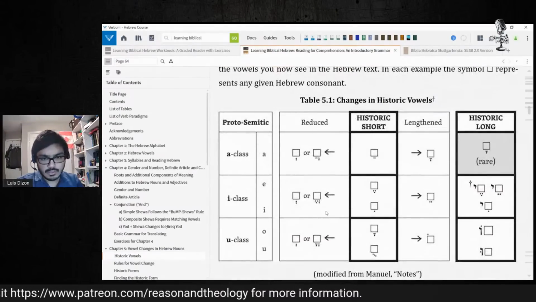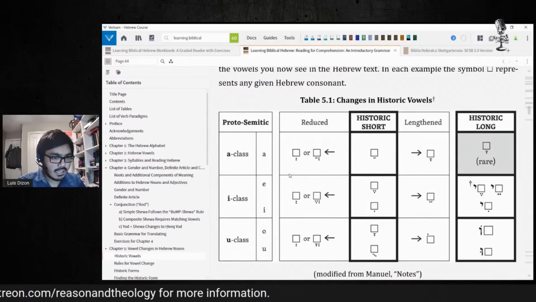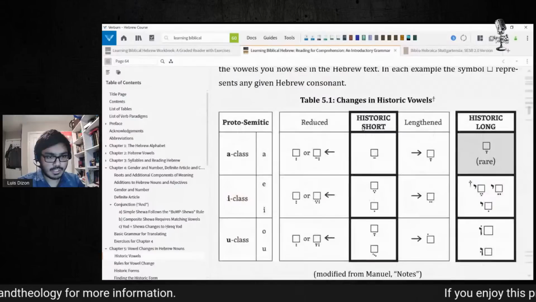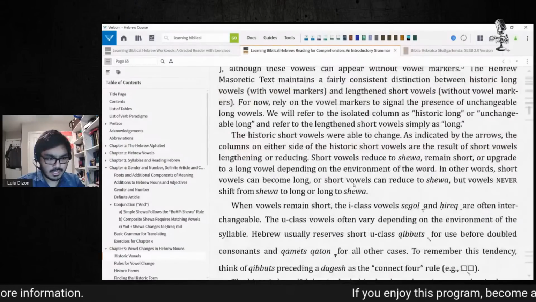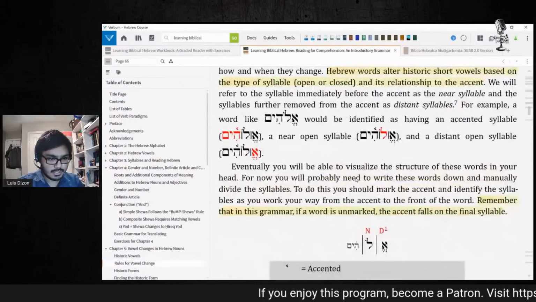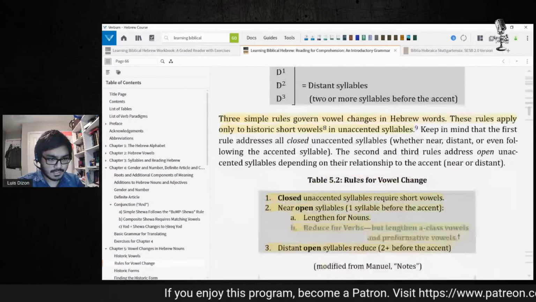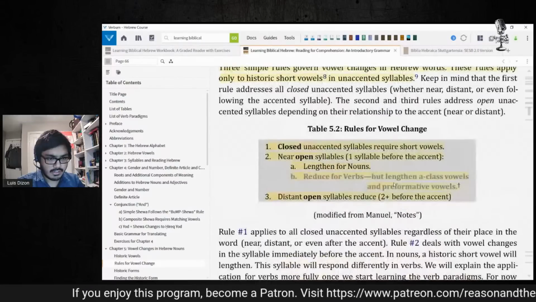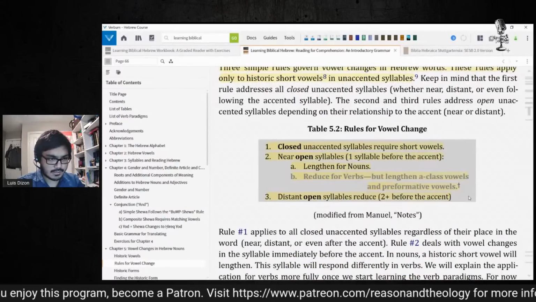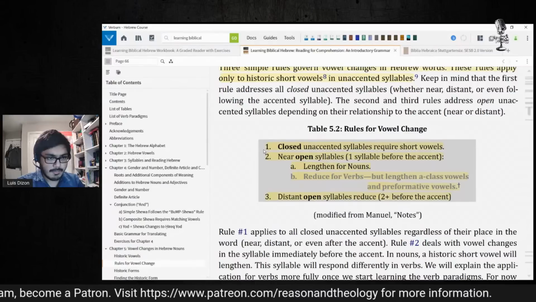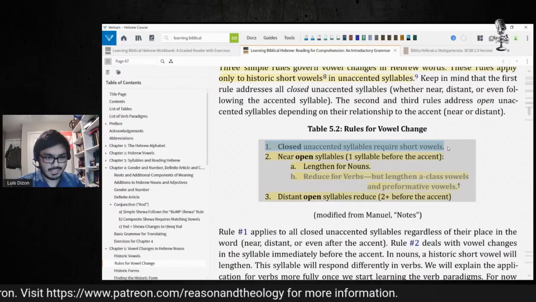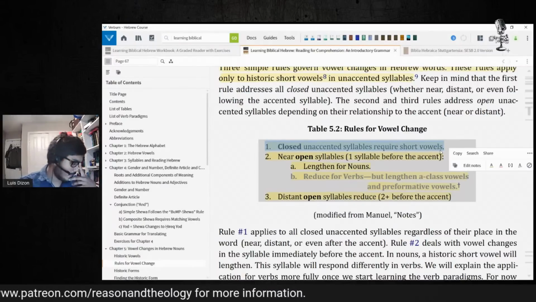And to know when a historic short vowel lengthens or shortens, there are some rules that you need to learn. So here are the three basic rules of vowel change. Closed unaccented syllables require short vowels.